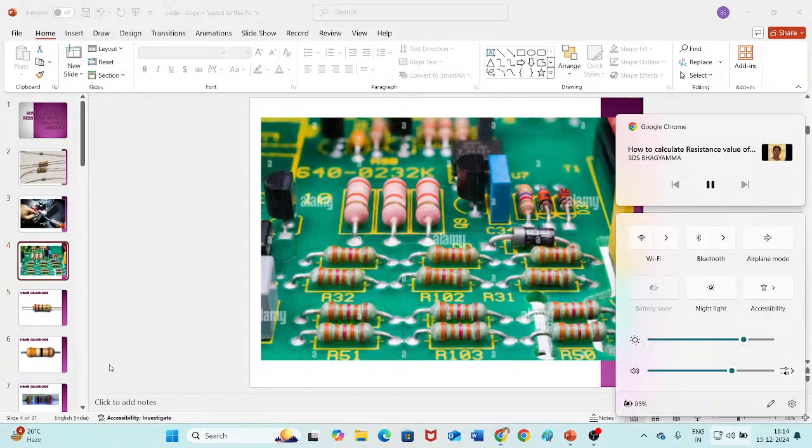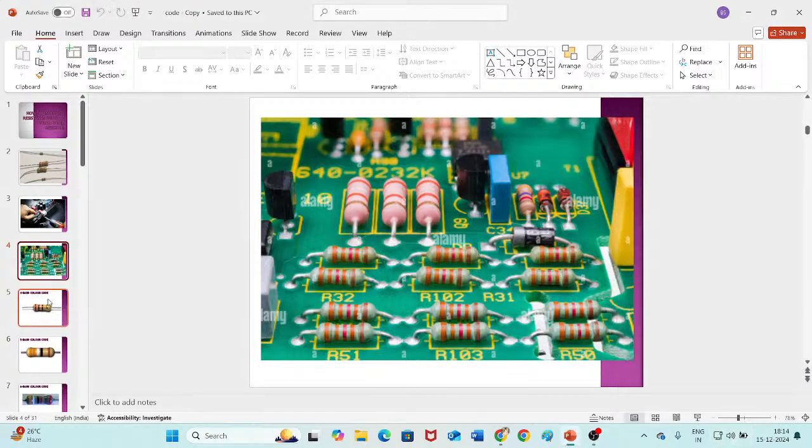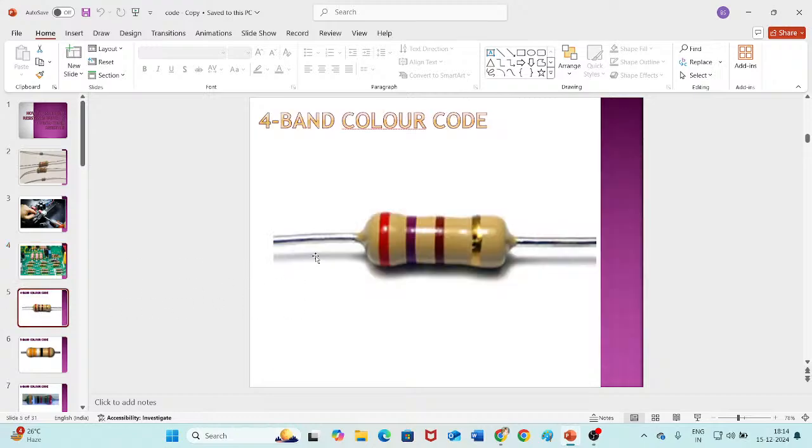The most common type of color coded resistors are 4-band color coded resistors. You can see here on this 4-band color coded resistor, there are 4 colors. I will just expand it.